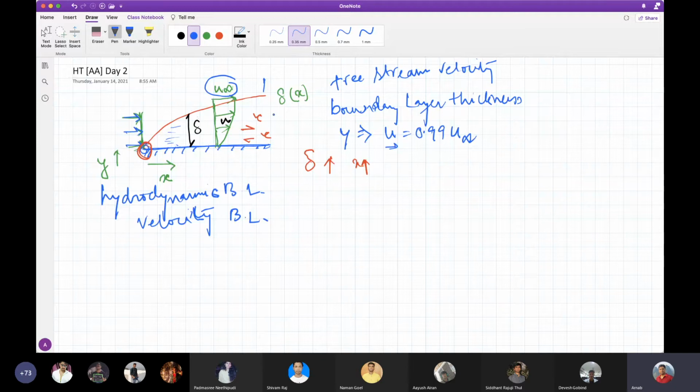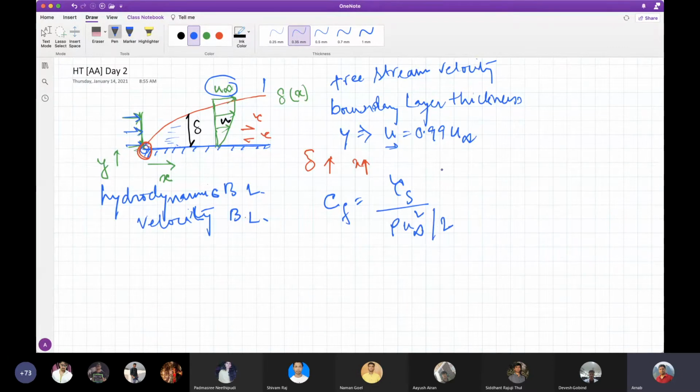Now you remember that in fluid mechanics, from this concept you came up with the formula, which is, we can say, the local friction factor or friction coefficient, which is tau s over rho u square by 2.